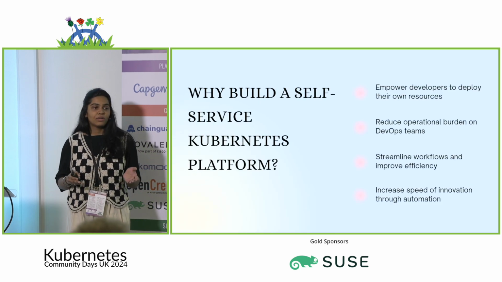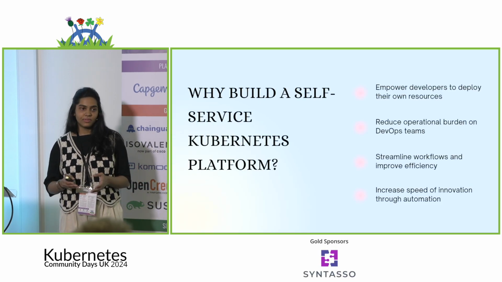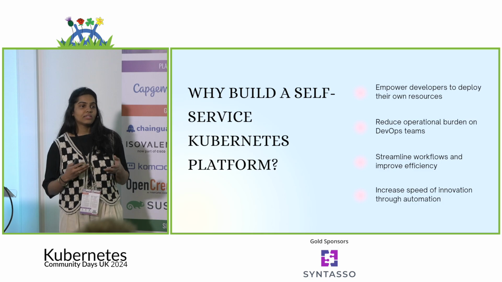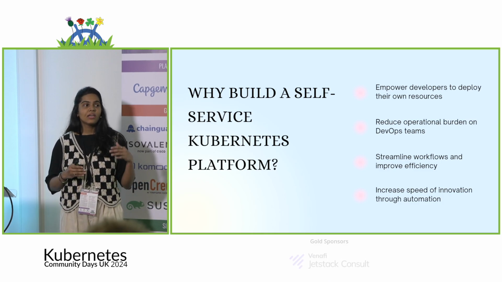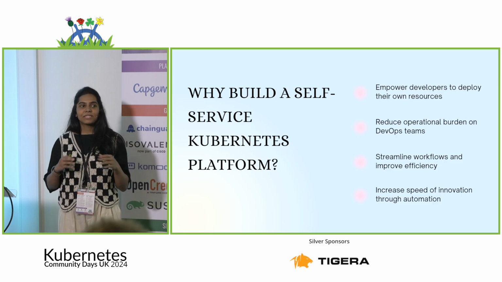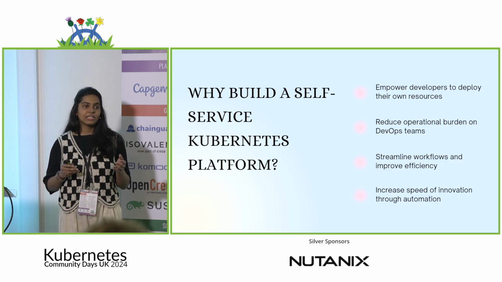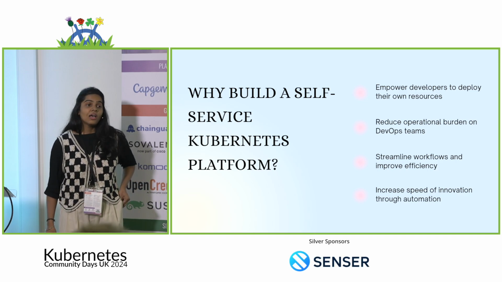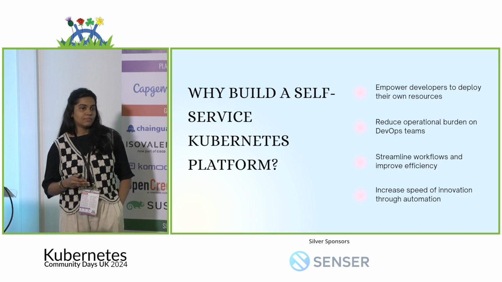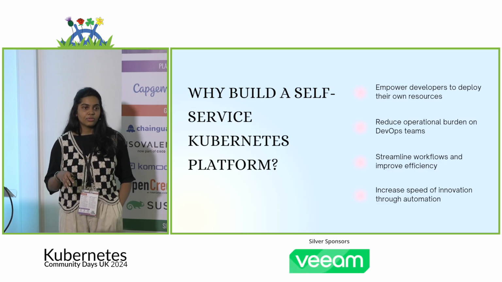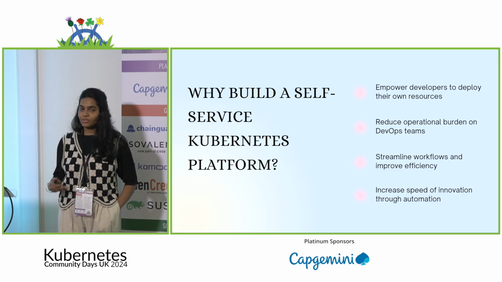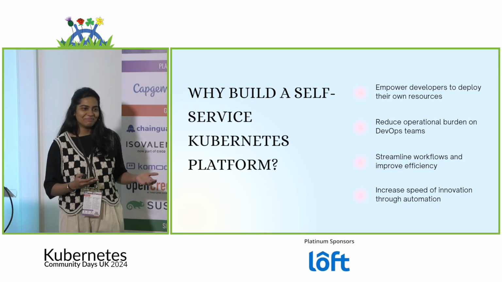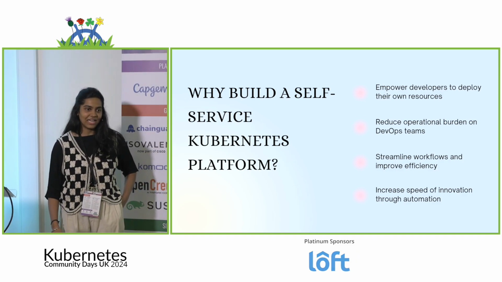Before we talk about how to build a self-service Kubernetes model, let's talk about why it is important. When organizations adopt Kubernetes, it becomes a bit of a bottleneck for the infrastructure team as well as the developers. To empower the developers so that they can deploy their own resources at the click of a button, we should try implementing a self-service Kubernetes platform.